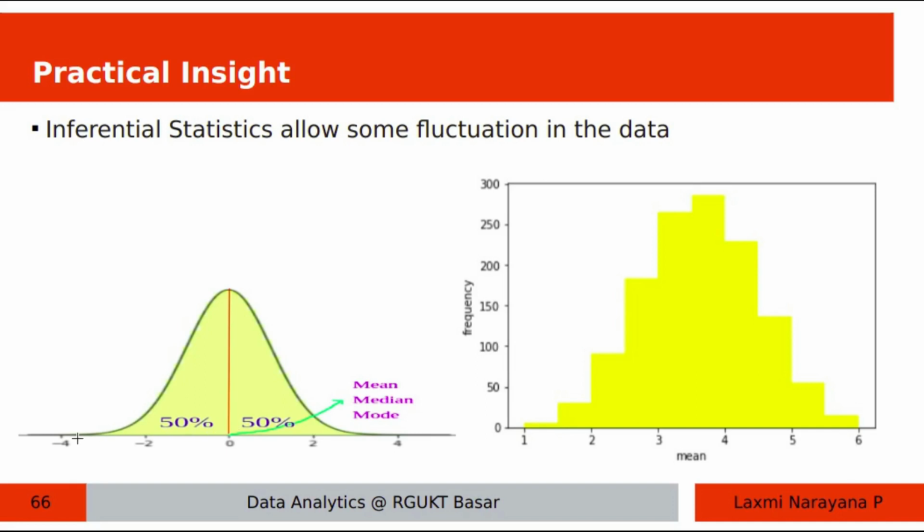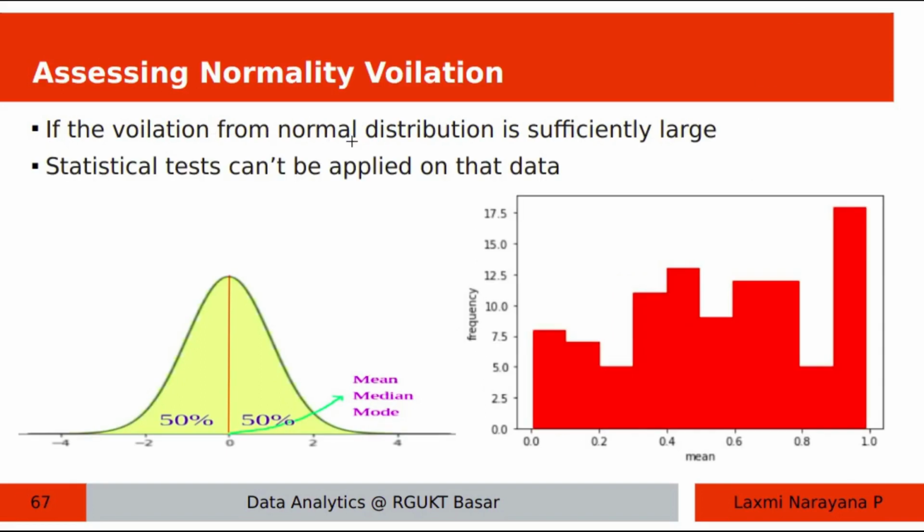See here, this is the ideal normal distribution, but when you take the real world data, it is not exactly same as the ideal normal distribution. Still, you can apply inferential statistics on this data if variation is small. If the variation from normal distribution is large, statistical test cannot be applied on that data.